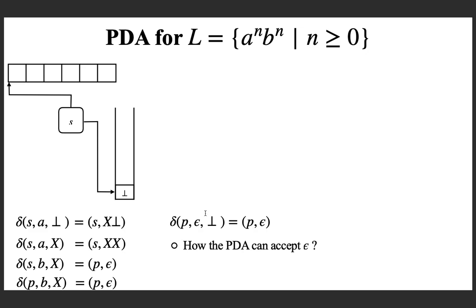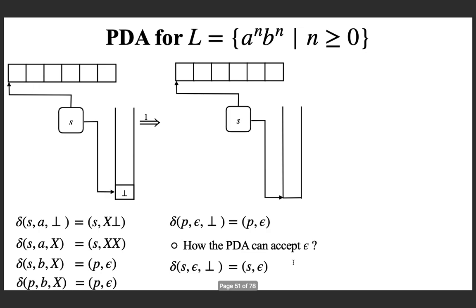So what do you do? You don't have an input symbol, and bottom of stack is there, so you can just take it out and remain in S. That means if you fire this, you are emptying the stack, you finished up the input, and you can accept. So you need this transition as well.